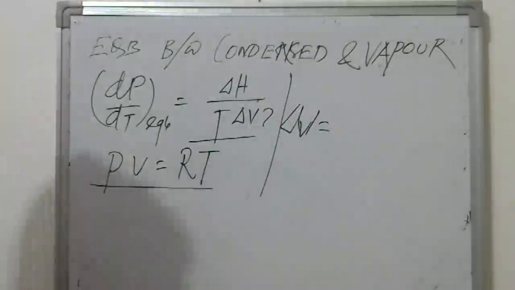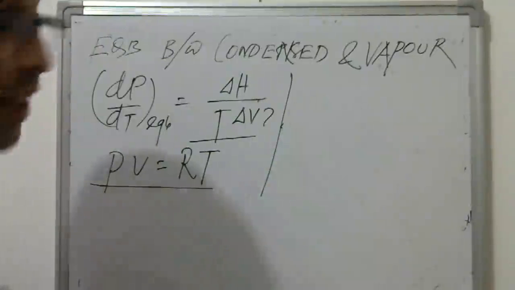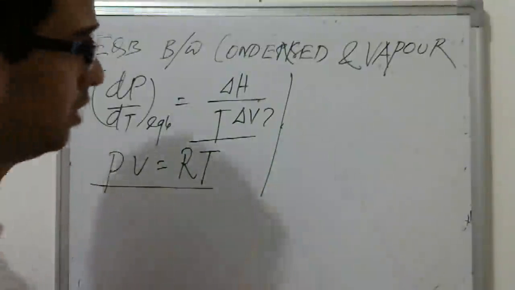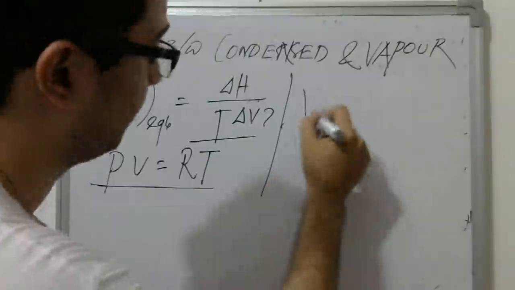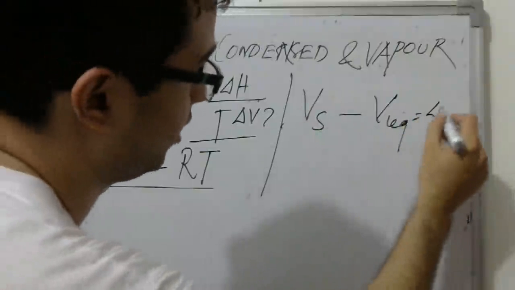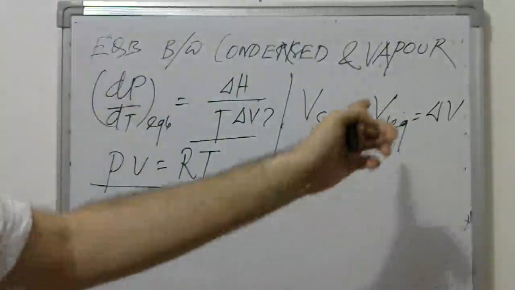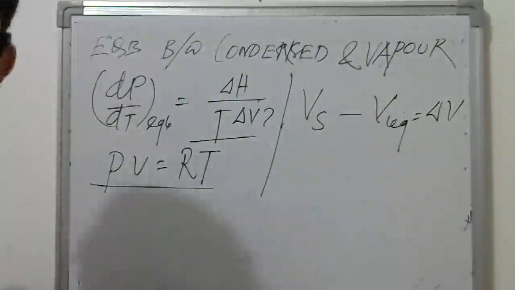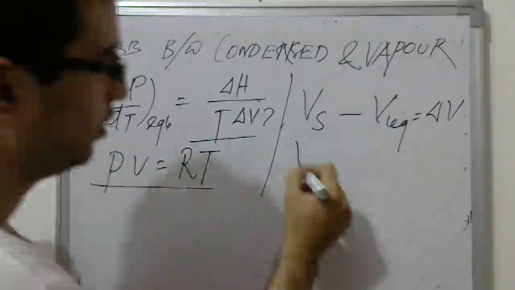Just go back to the session where I talked about delta V. The delta V is V solid minus V liquid. Just go back and please ensure that this is this way. Okay, solid minus liquid.